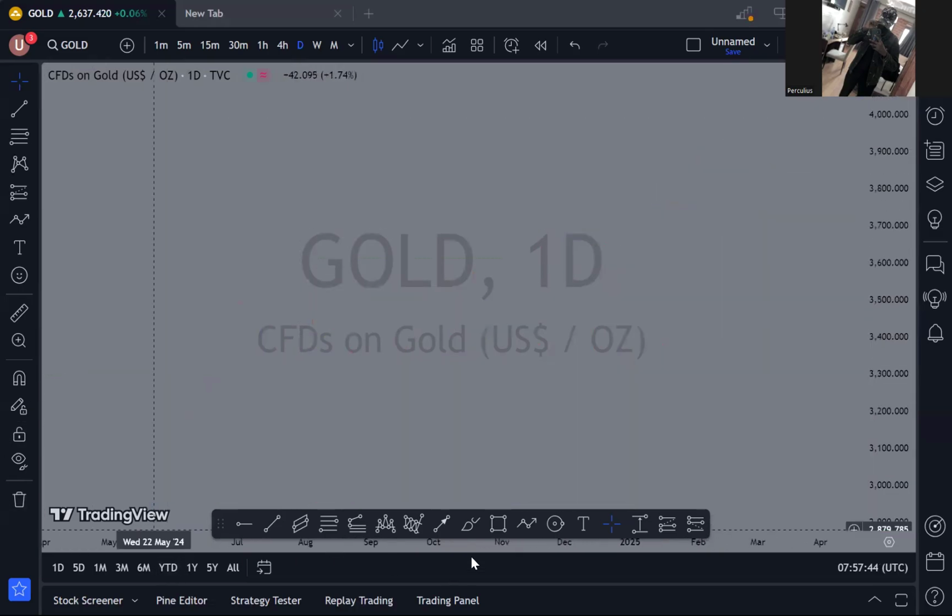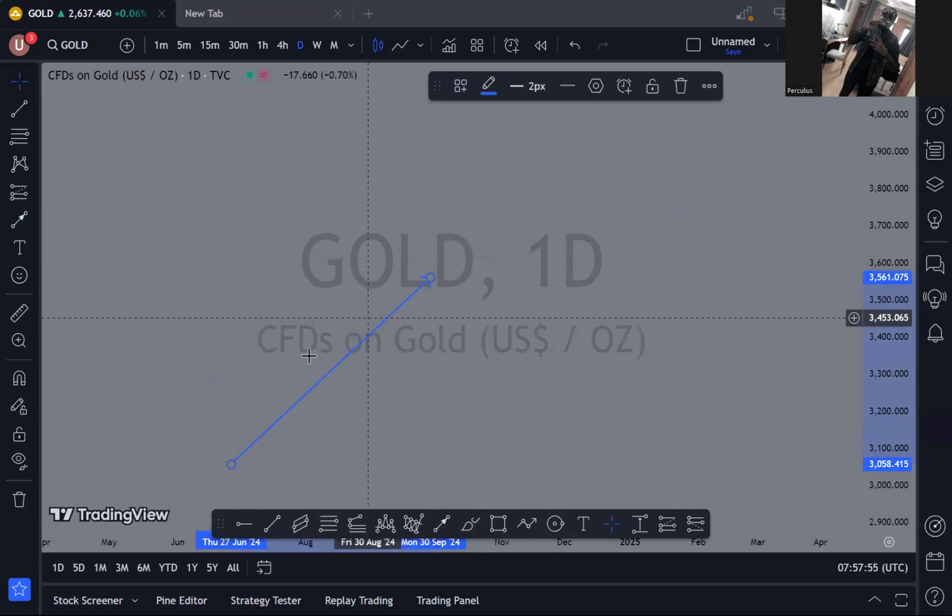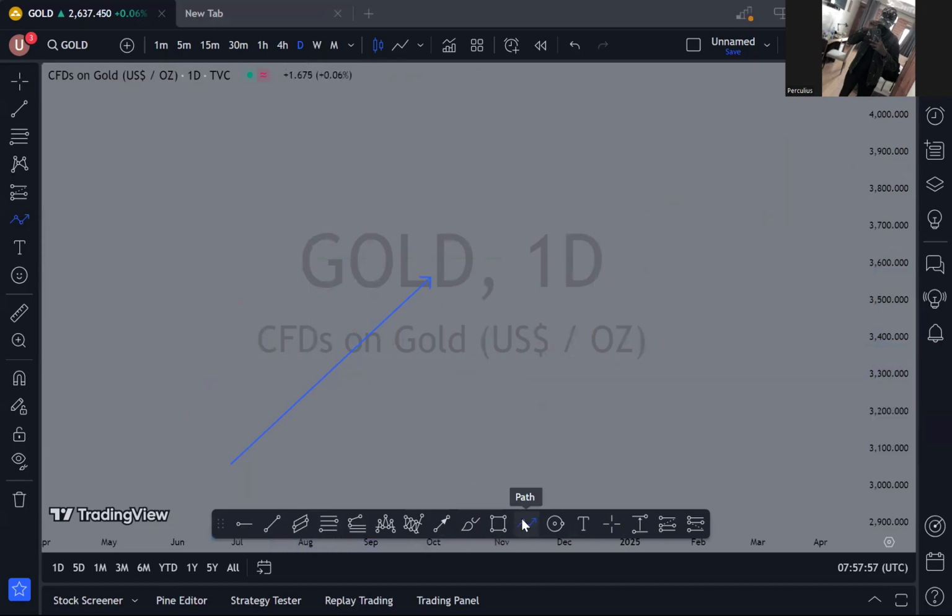We already know that this is an uptrend. Price can make consolidations, like one, two, with higher highs and higher lows. And what I'm looking at is this structure right here, up, then this.